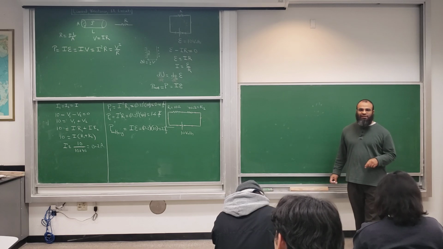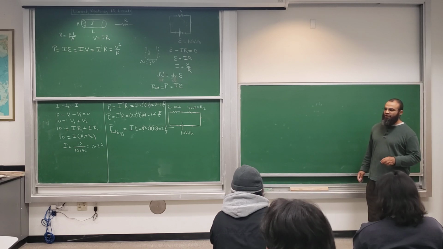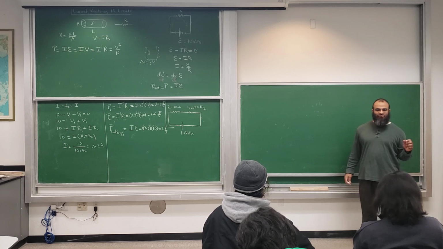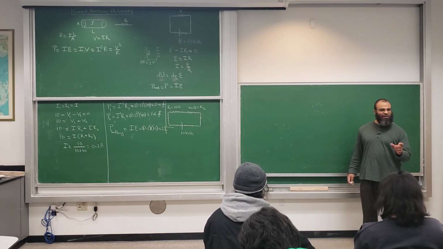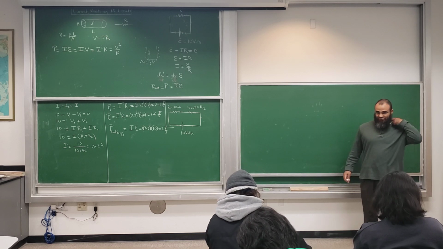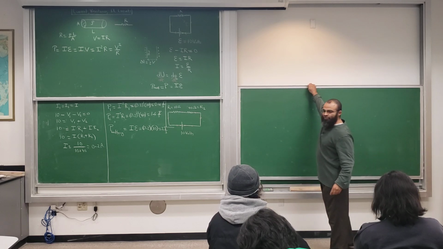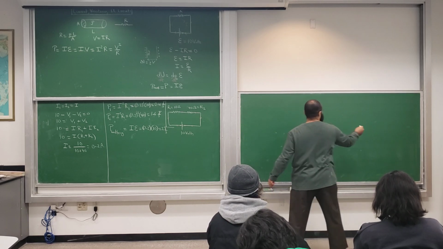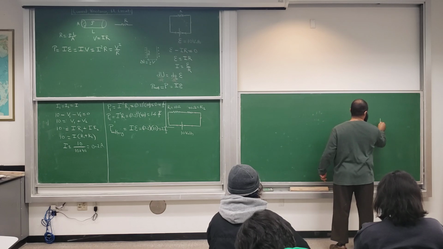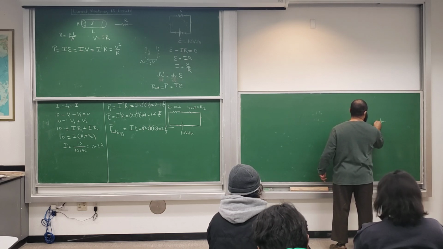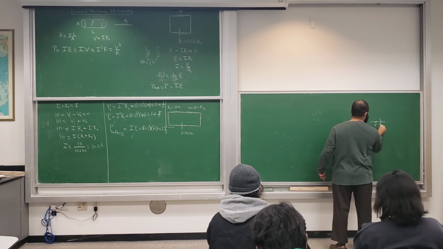A battery will have some internal resistance to it. The battery will have its own internal resistance, a little bit. It looks like this. Here is the battery, and it has its own little internal resistance, little r.